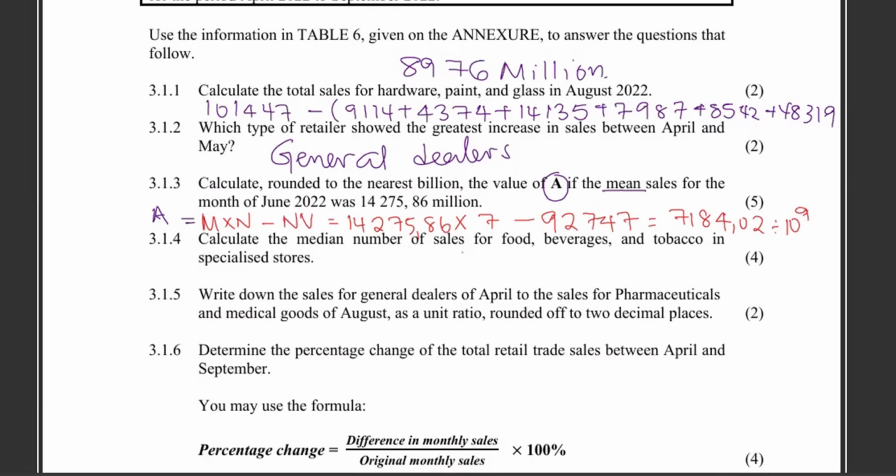So we are here and we're saying it ends up giving you 7 billion.